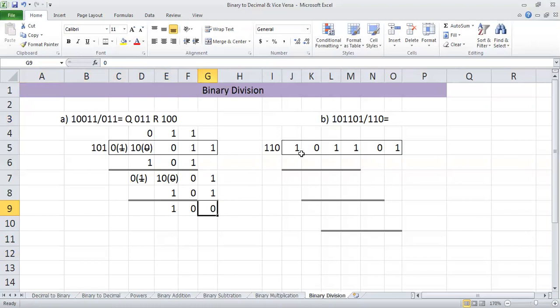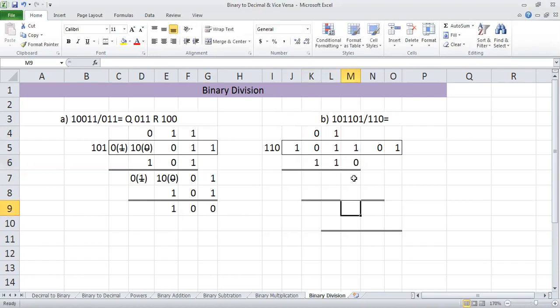Okay, now let's do B part, in which we have to divide this number with 101, 110. So again, if I'll consider the first 3 digits of this number, I cannot do the subtraction. So again, I'll put a 0 in the quotient and I'll consider first 4 digits. So now it will go with 1, 1, 1, 0.